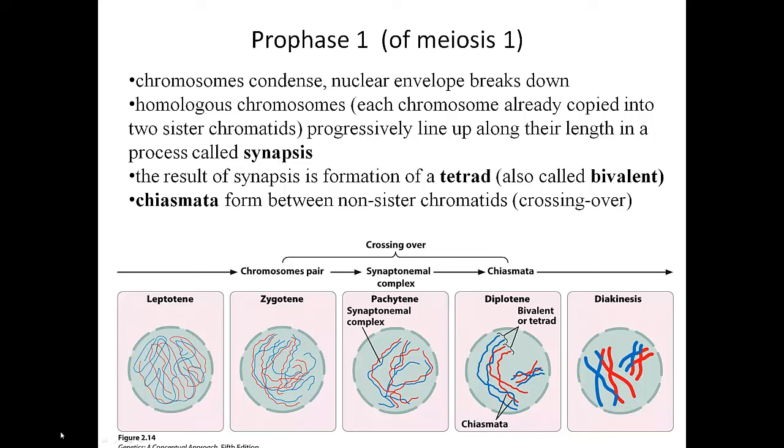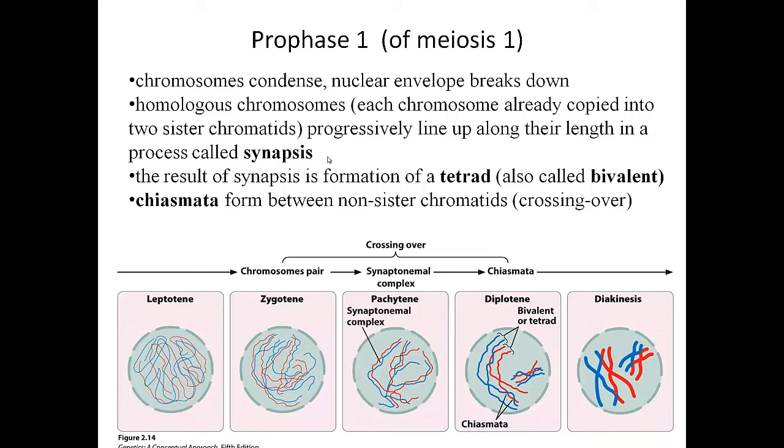And so you actually have 4 DNA molecules that progressively line up, and they line up exactly so that the analogous part of each chromosome is directly next to that same part in the homologous chromosome. So this process of lining up is called synapsis. At the end of synapsis, you have what is called a tetrad.